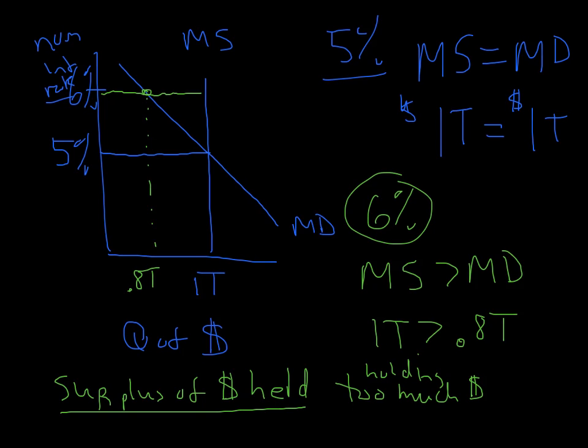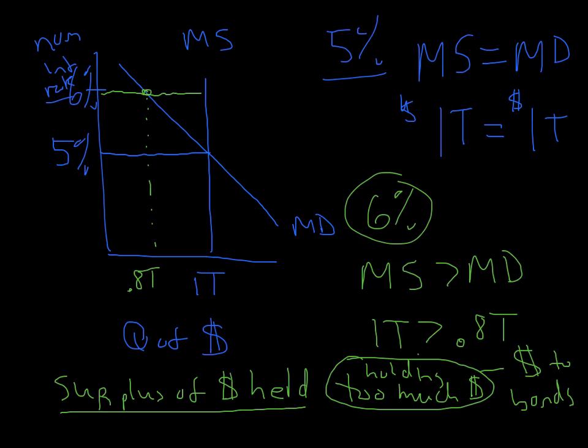So think of it, you have too much money in your wallet. You don't want to hold that much, so you want to get rid of the money. You want to convert out of money into some type of financial asset. For example, you want to convert money to bonds.